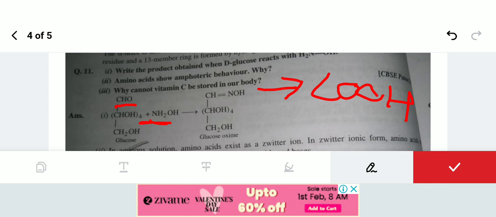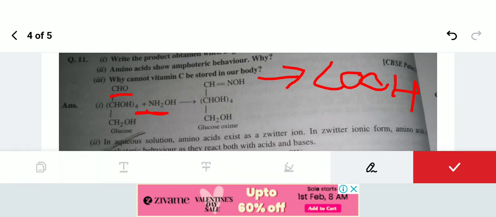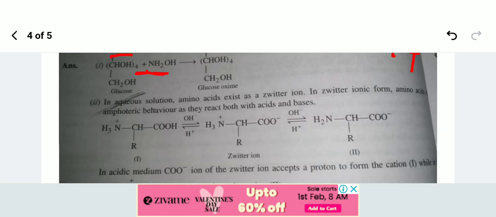Just remember to write N and attach it to CH. So it is CH=NOH, then again (CHOH)4, and again CH2OH. This is called glucose oxime.